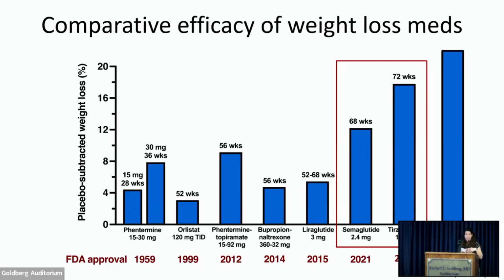And like 75% of people who take this drug were losing over 15%. So we're starting to see really, really amazing numbers. We're starting to see near bariatric surgery level disease remission. So I think the next 5-10 years as you go out into practice are going to be really exciting, and you're going to have some more options for actually treating our patients.